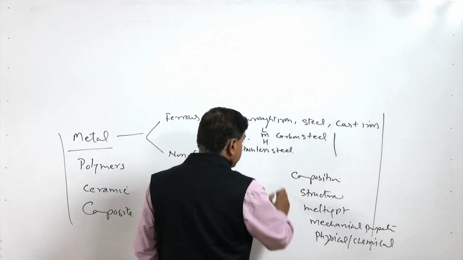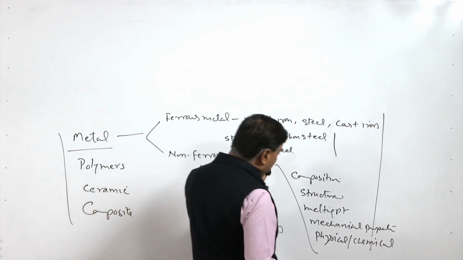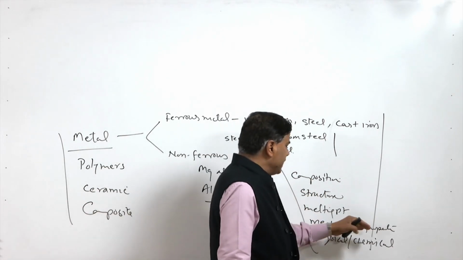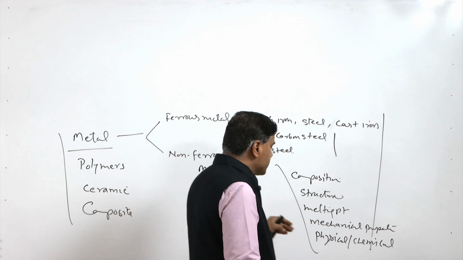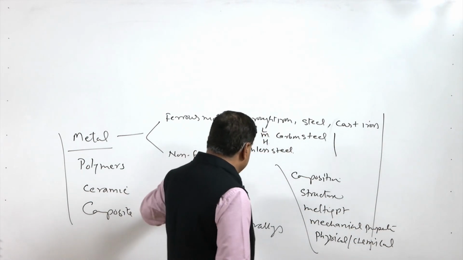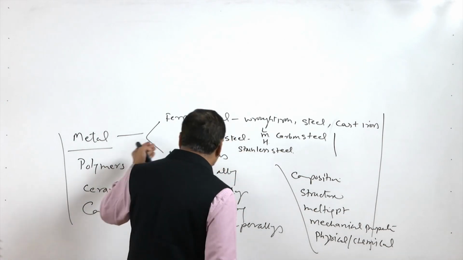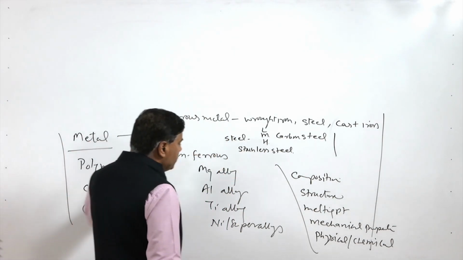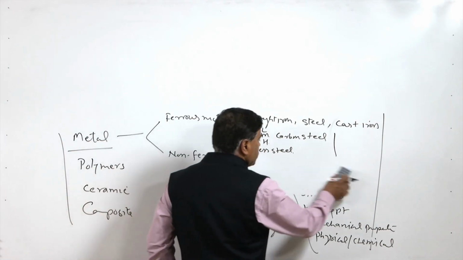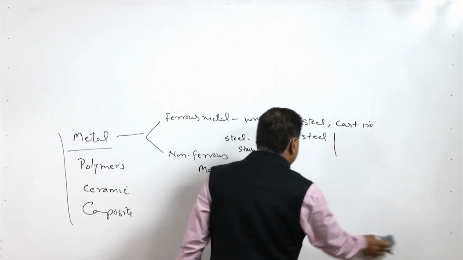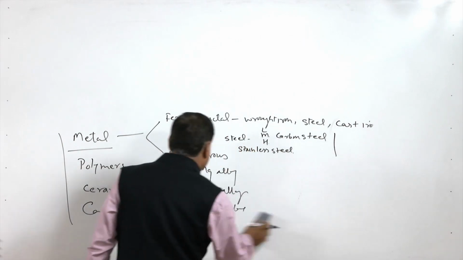Since the systems are very wide, having different compositions, structures, melting points, and mechanical, physical and chemical properties, each of these metals cannot be processed equally well using a given process.